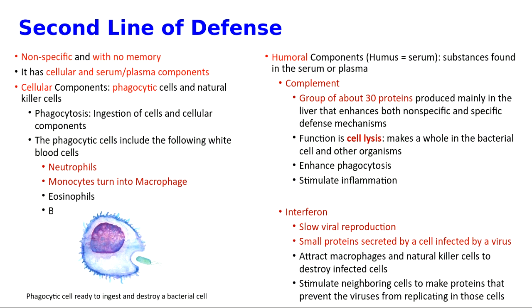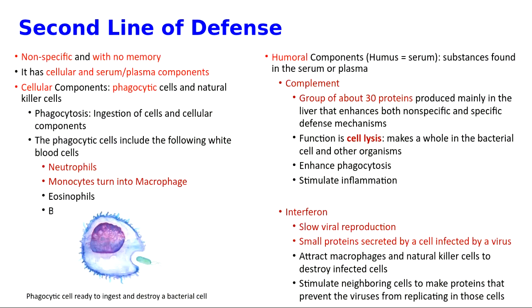We don't want to have inflammation all over the body. It only has to be at the site of injury, and it has to be for a short period of time. We do not want the inflammation to last weeks or months or years because it leads to tissue damage. So we want it short and to the point and very, very specific.